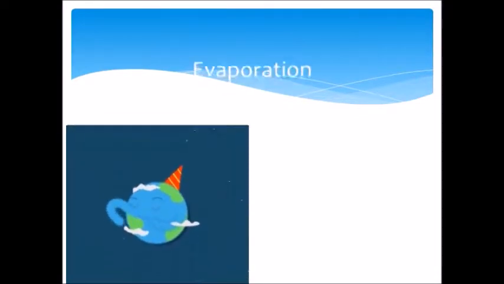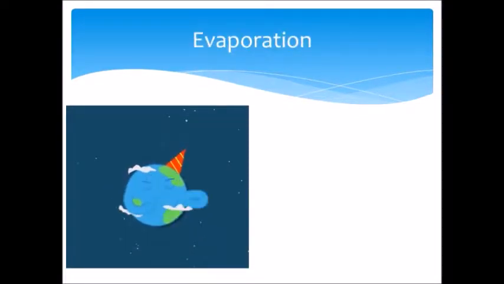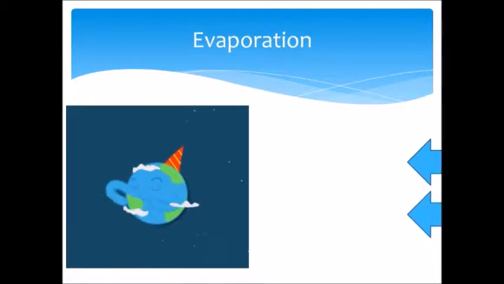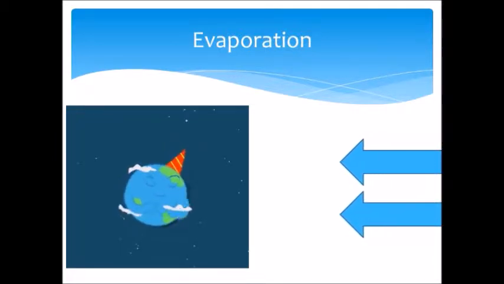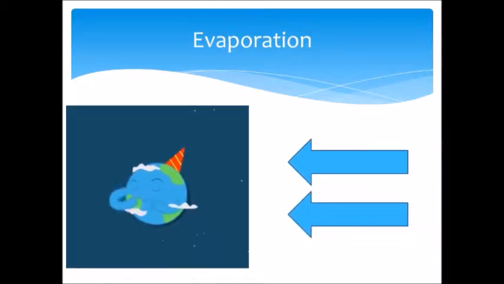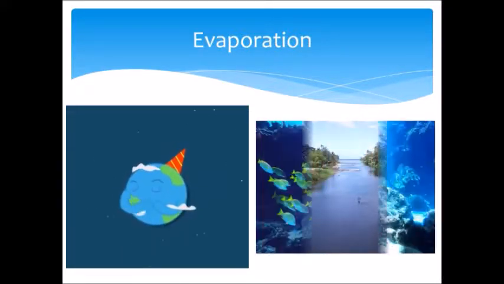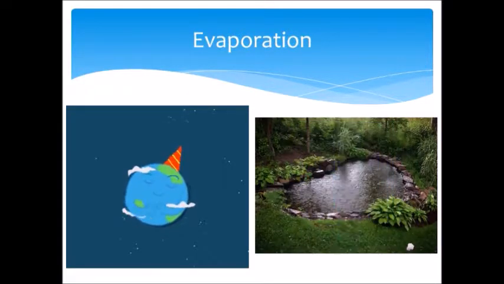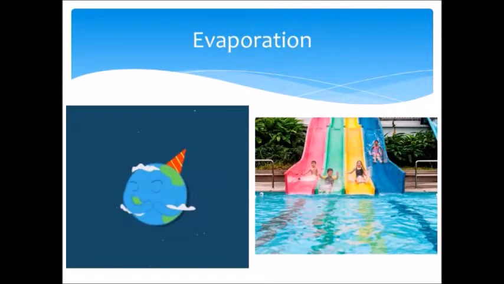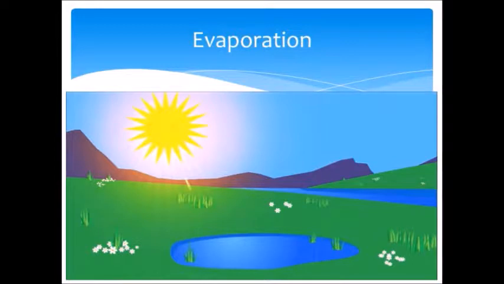Evaporation. Let's begin the water cycle journey with water on the surface of the Earth. That's where most of the liquid water on the surface is found. Liquid water can be found in rivers, oceans, ponds, and your very own swimming pool. The change of water into a gas is called evaporation.